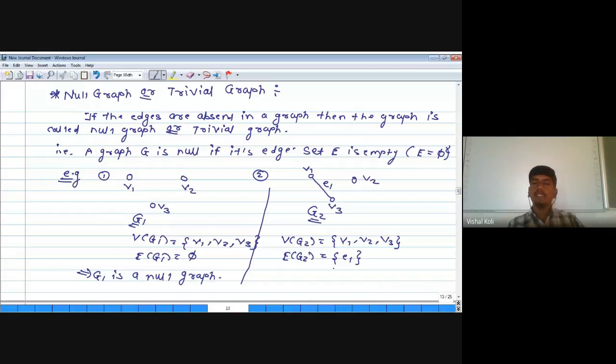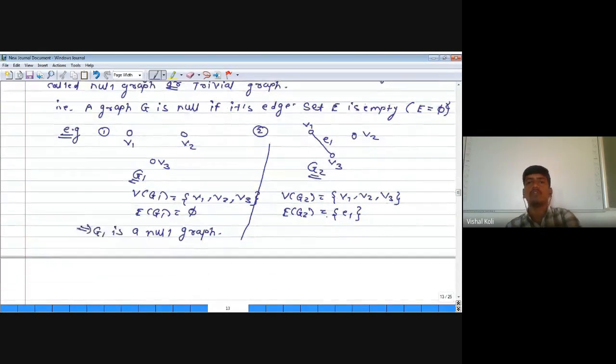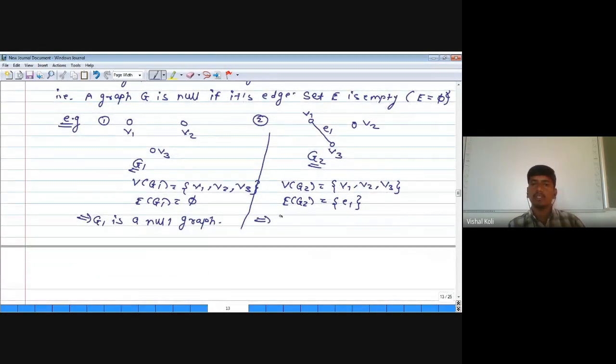Now, by the definition of null graph, as there is an edge in graph G2, this one is not a null graph, which implies G2 is not a null graph, since its edge set is not empty, that is, it is not equal to the empty set.